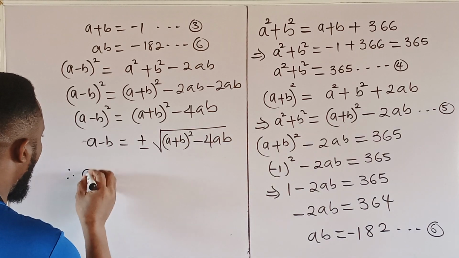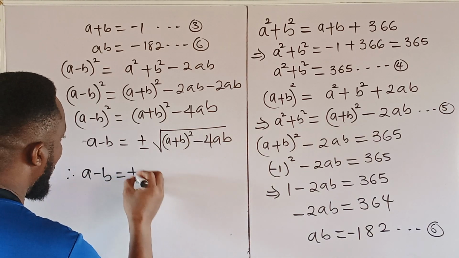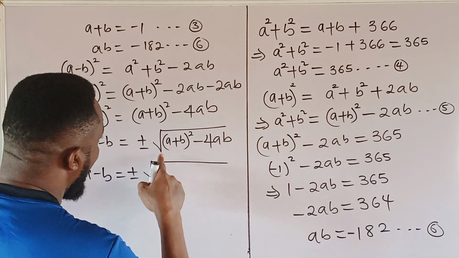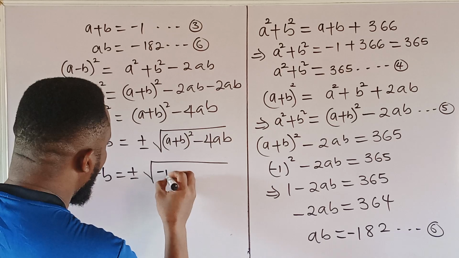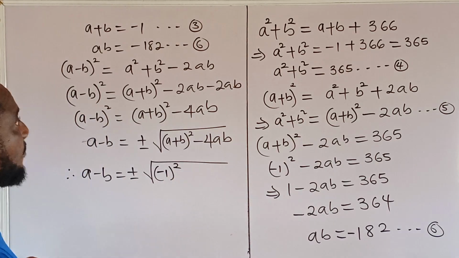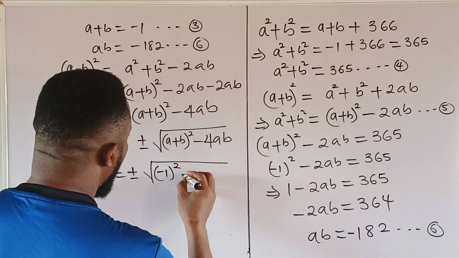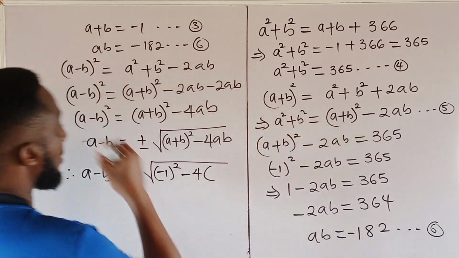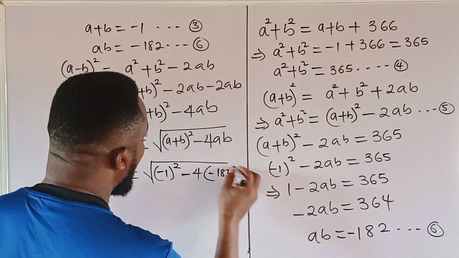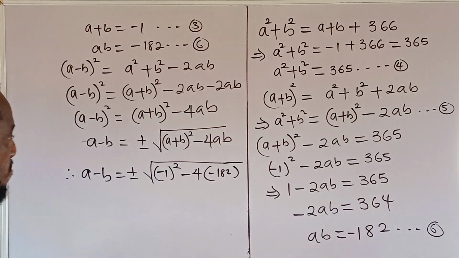So a minus b will be plus or minus the square root of (a plus b) whole squared, and a plus b is -1, so that is (-1) squared. Then minus 4ab, that is minus 4 multiplied by ab, which from equation 6 is -182. Okay, I think it's better.